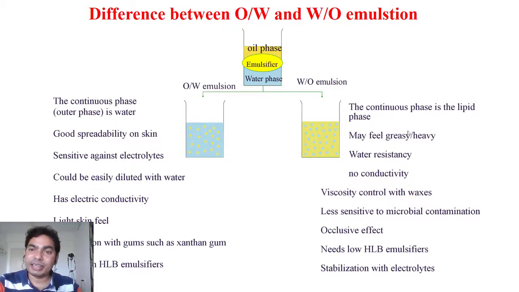They were greasy and heavy, they were water resistant, so there is no dehydration of your skin, no conductivity, viscosity is controlled with waxes, and they are less sensitive to microbial contamination. There is very little microbial contamination to your skin, so your skin is protected from fungal and bacterial infection by using this greasy, heavy emulsion. Occlusive effect, needs low HLB emulsifier, stabilization with electrolytes, right?